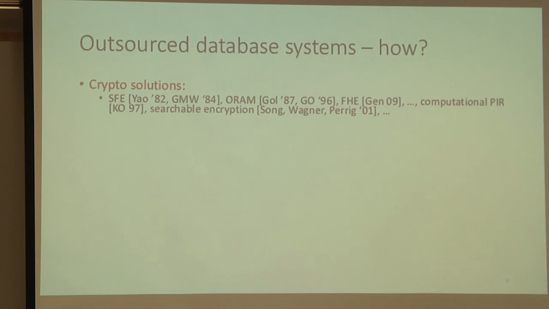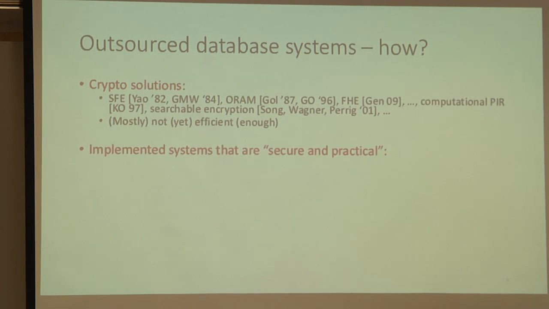So there are crypto solutions in order to be able to outsource our database and encrypt it. We can use oblivious randomized access machine, fully homomorphic encryption, PIR. And we can have our data encrypted on the third party and query them. The problem is that all these solutions are not very efficient yet. So current works usually try to implement systems that are secure and practical.